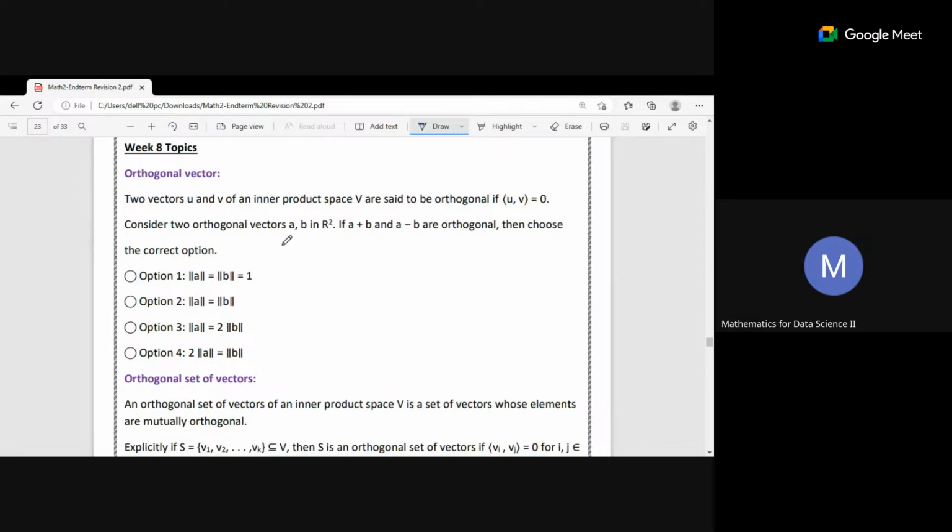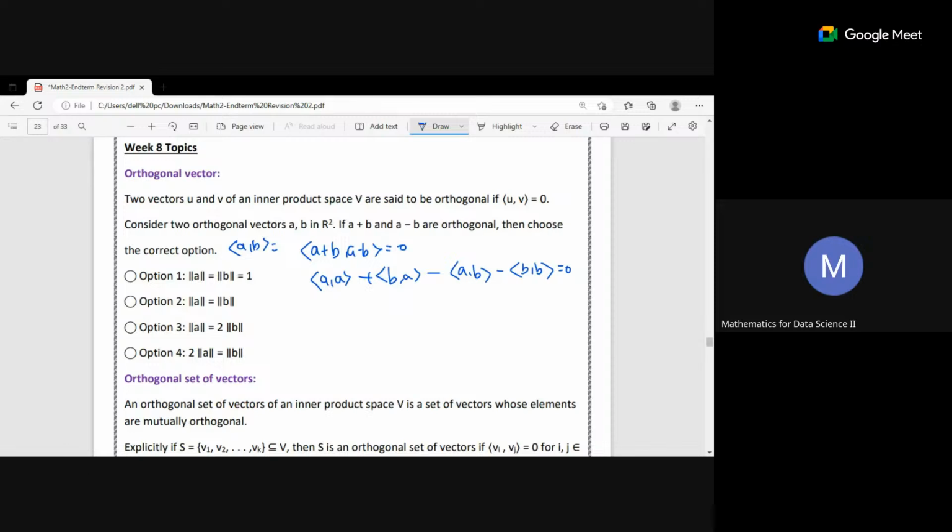So if a plus b and a minus b are orthogonal, what do you know? This is 0. It means inner product a comma a plus inner product b comma a minus inner product a comma b minus inner product b comma b is equal to 0. Now what is inner product a comma b given to be?